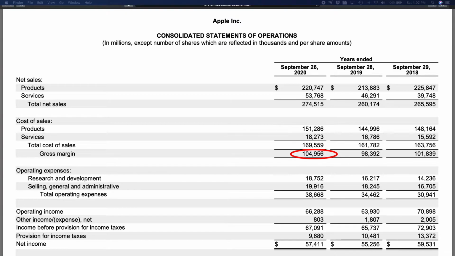So from there, we remove the operating expenses. If you remove the 38,668 from that figure, then we get to the operating income. There's other income that gets added to that, which is the 803. And then that gives us the income before taxes. Once you've taken the tax provision off, you end up with the $57 billion.